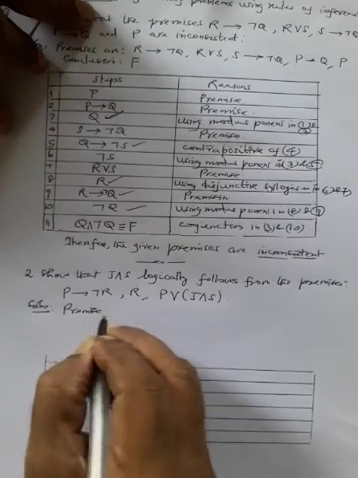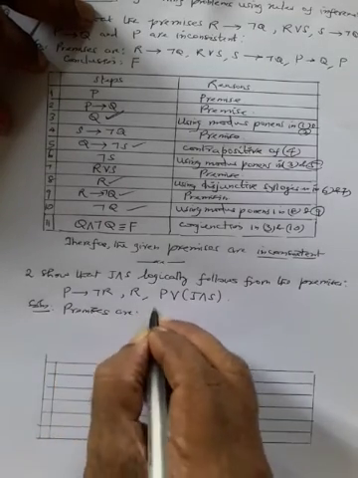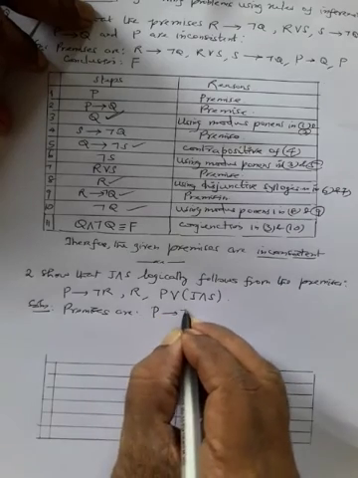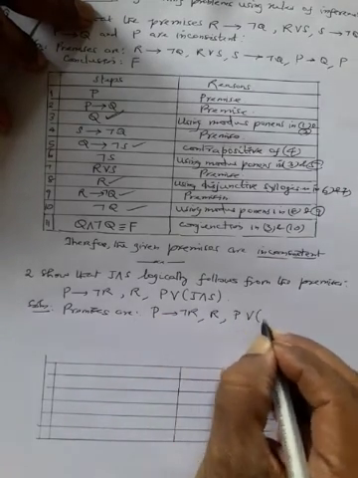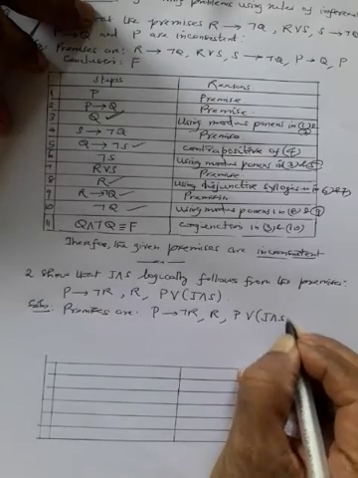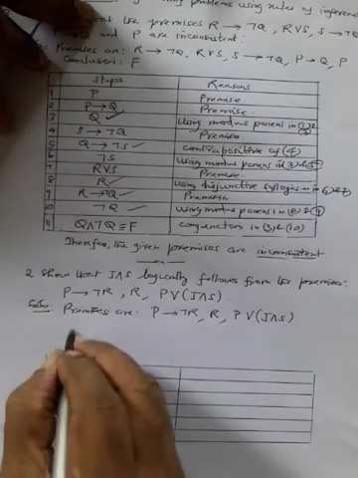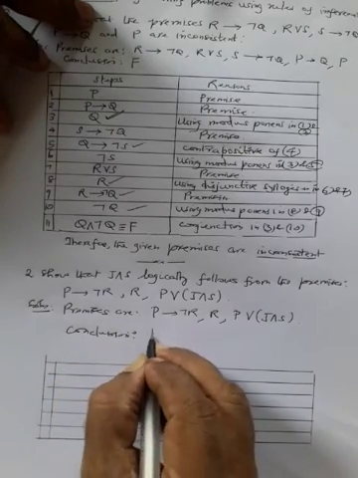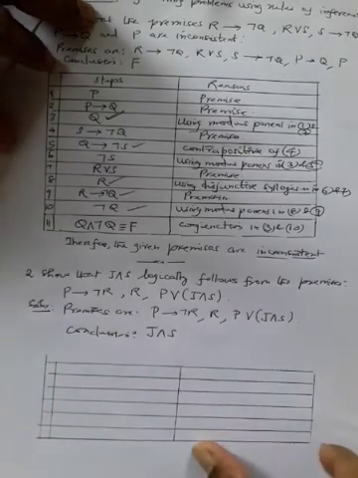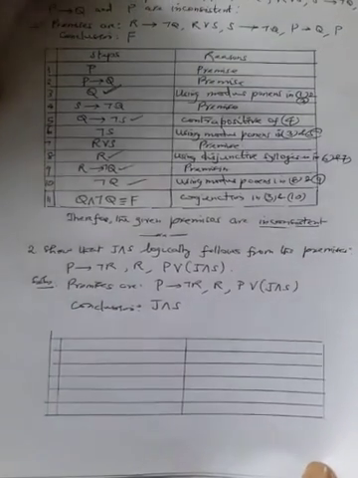Premises are P conditional negation R, and P or J and S. Okay. The conclusion is J and S.